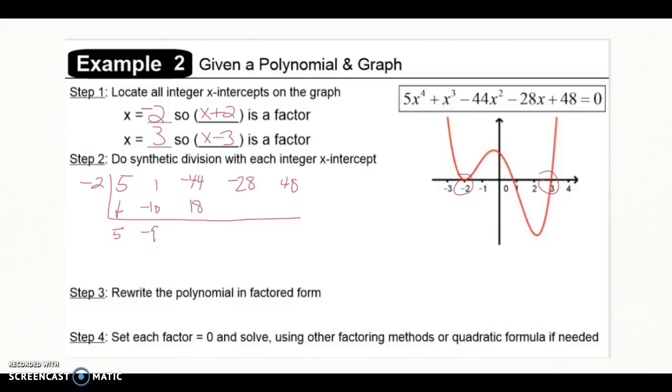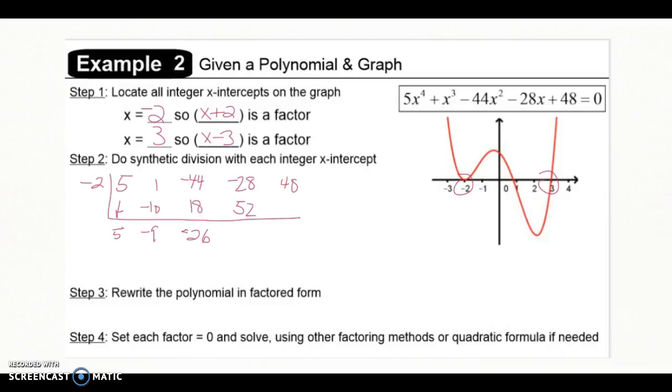Add -44 and 18 together, you get 20, would be 24 plus 4, 28. So 26, 24 plus 2, -26. -2 times -26 is +52.